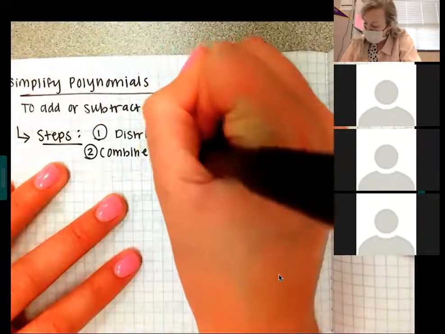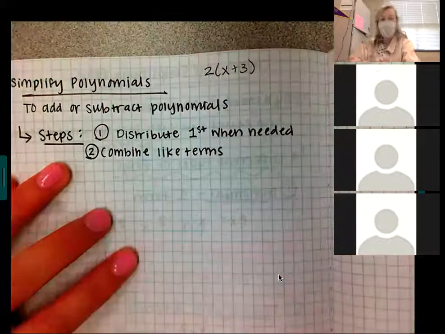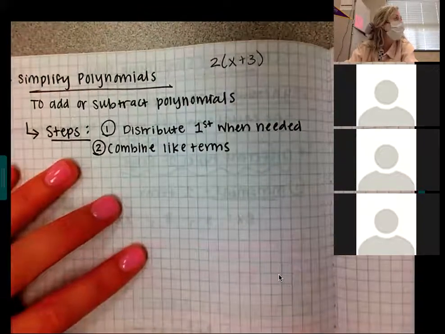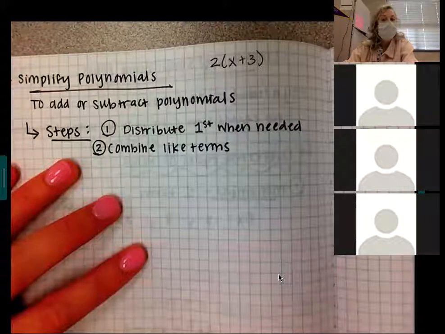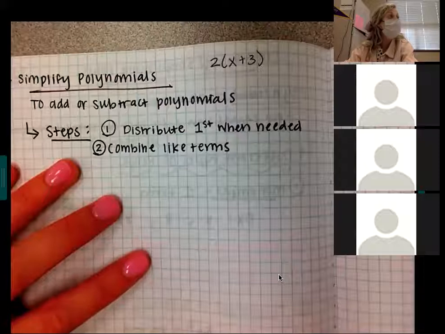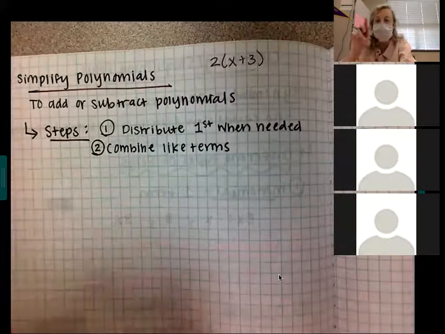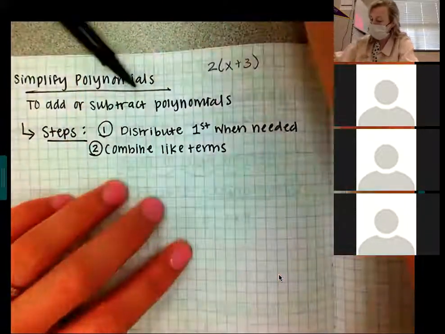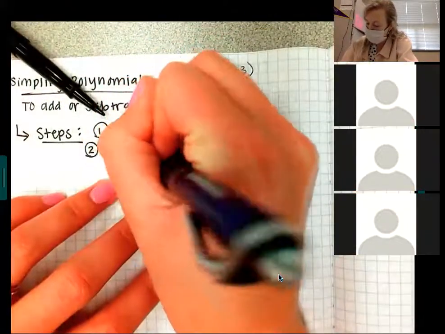I feel like y'all know what that means from middle school. Can x's go with x's? Yes. Let me give you another example. Can you put an x squared with an x? No. So I know x and x are the same. Let me write it for y'all. You do not have to write this. I'm just showing y'all.